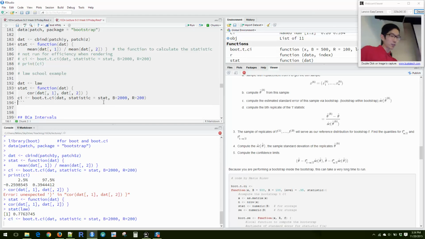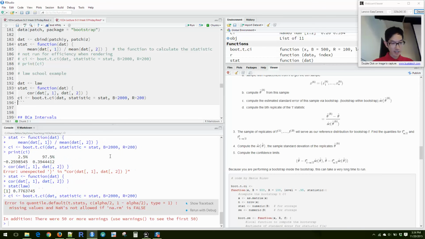So this is now for the law school. We'll create our confidence intervals and see what it produces, if it finishes. What happened here?